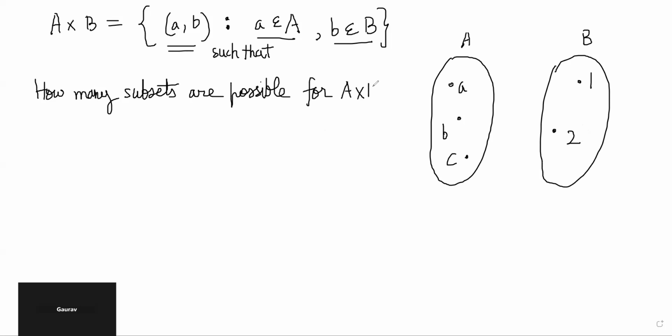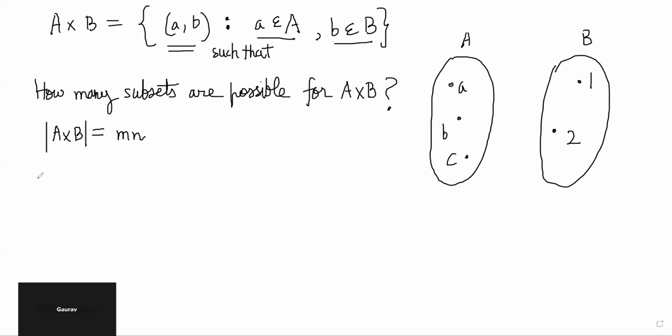So first of all, you should realize that the number of elements of A cross B is mn, right? So if the number of elements of a set is n, how many subsets are possible for that set? 2 raised to the power n.